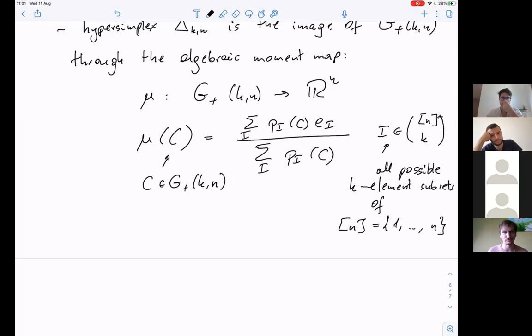So these are all possible subsets with k elements, where the elements of these subsets are taken from the numbers from 1 to n.